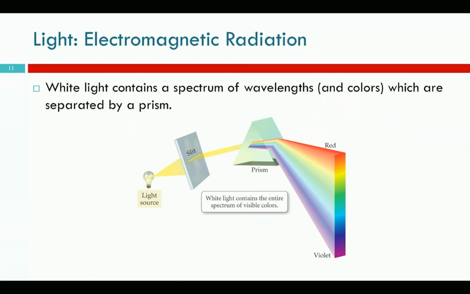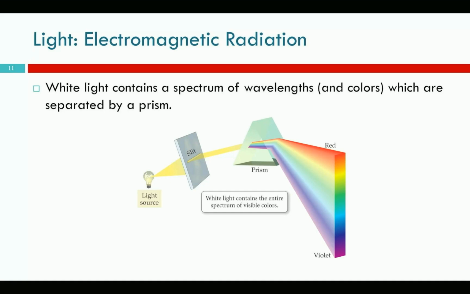Most lights are light from the sun or light from a light source like an incandescent light bulb, and a white, now most light bulbs are LEDs, a white LED light bulb. It's got all of the different wavelengths in it in the continuous spectrum of color. And you can send that through a prism, and then you've got that, was it Pink Floyd? Is the album cover? No? They have a prism?